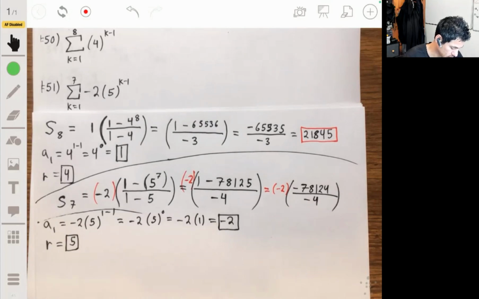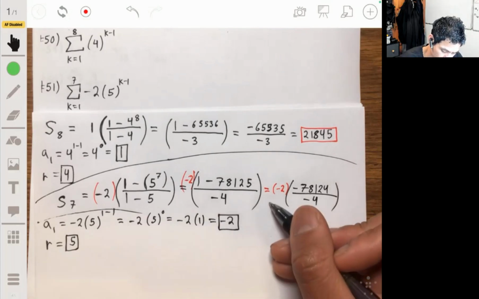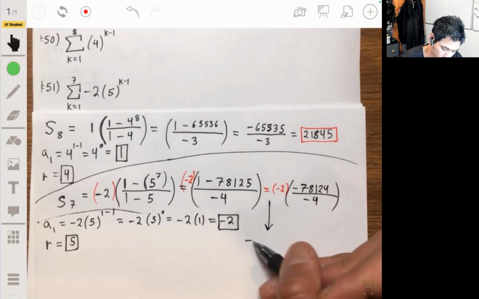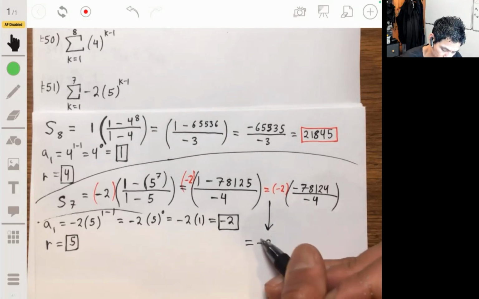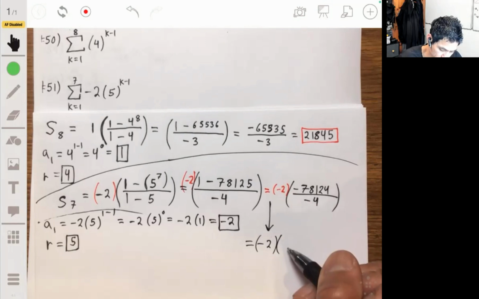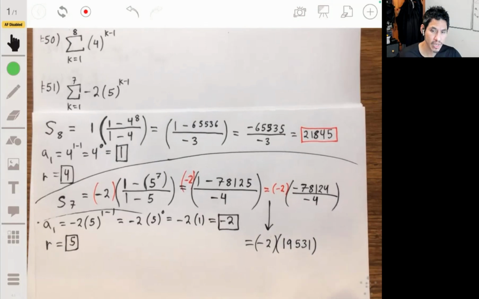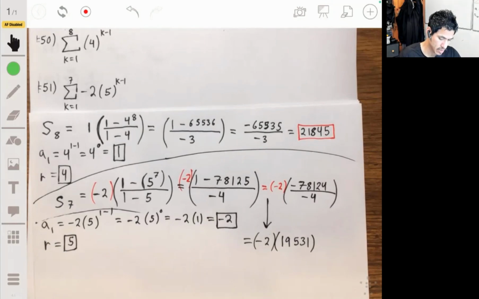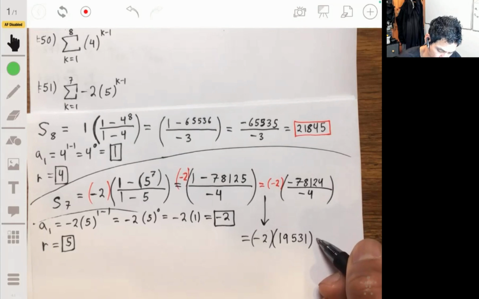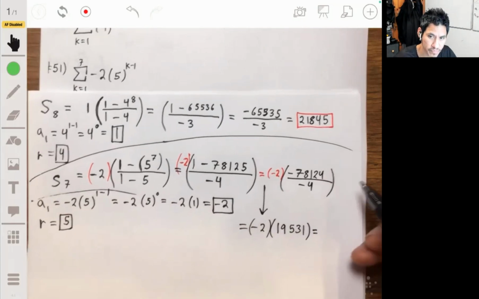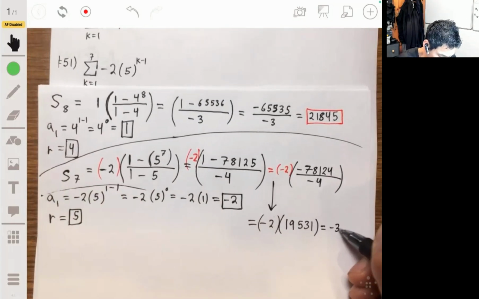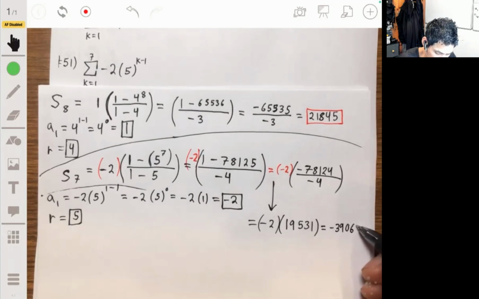That divided by negative 4, and we'll get negative 2 times a positive 19,531, which will then be negative 39,062.